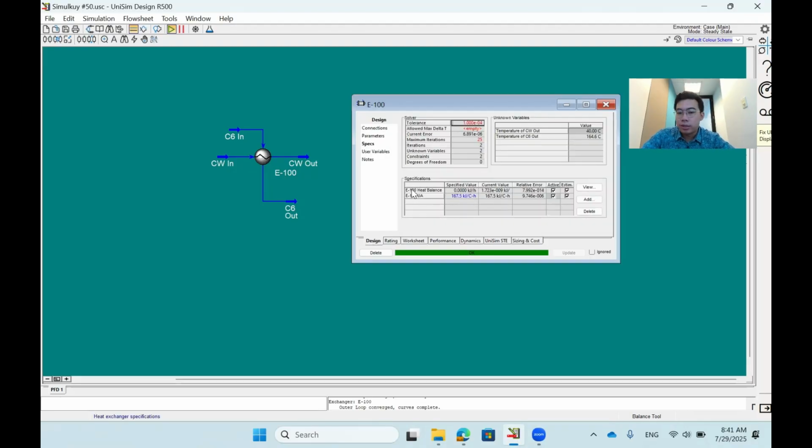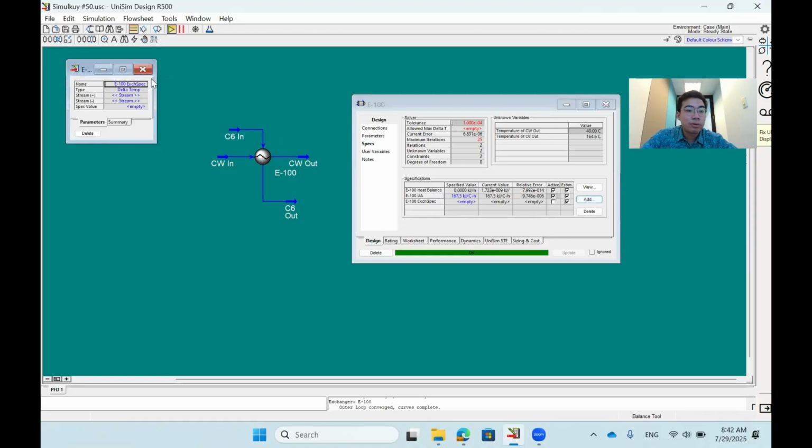Take note that the E100 heat balance is a must-active spec, because the heat balance should be there inside the simulation of the heat exchanger. It's the fundamental of the model. So this is a must, and the second one is the thing that you can change, whether you want to specify the temperature or UA, and other things besides UA, we can also specify.